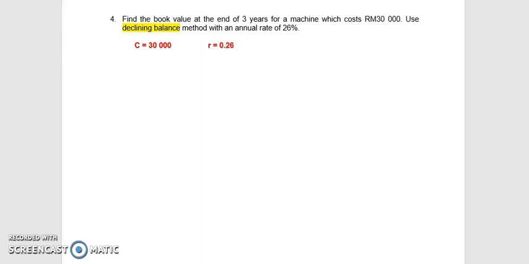To find book value for the declining balance method, BV equals cost times 1 minus R to the power of N, where N refers to which year we want to calculate. So book value year 3, BV3 equals cost 30,000 times 1 minus 0.26, to the power of 3, because we want to find year 3.